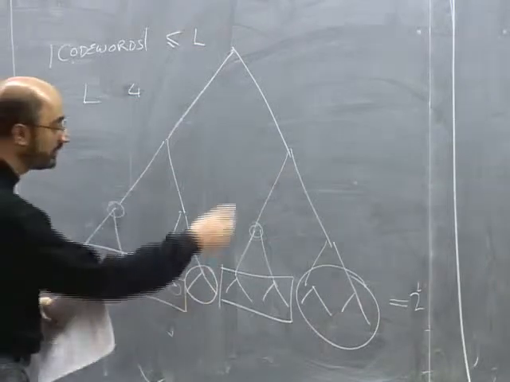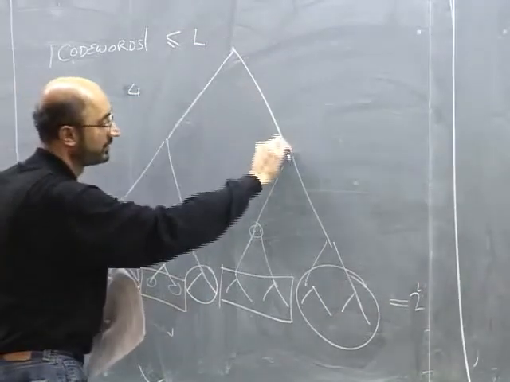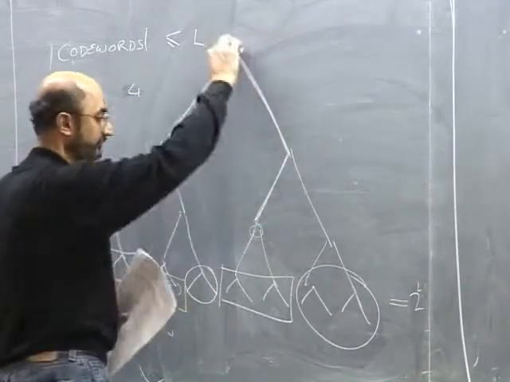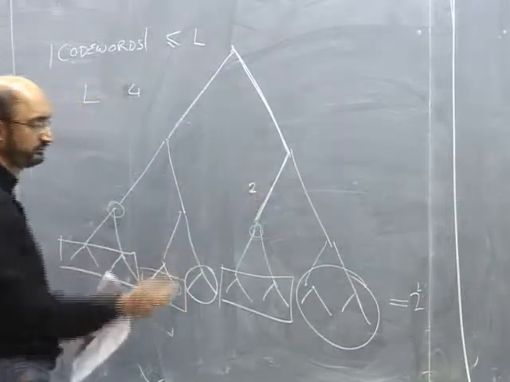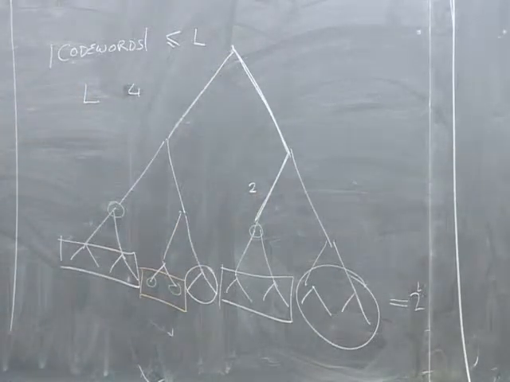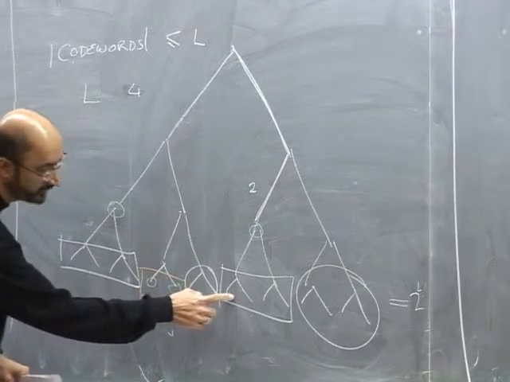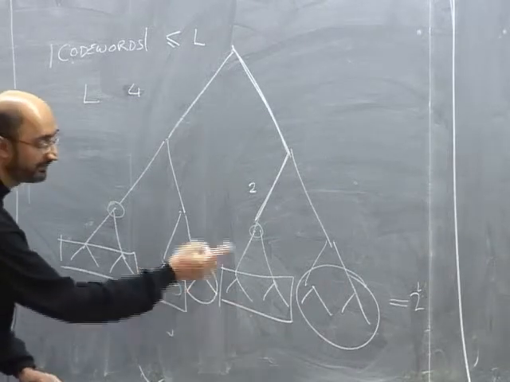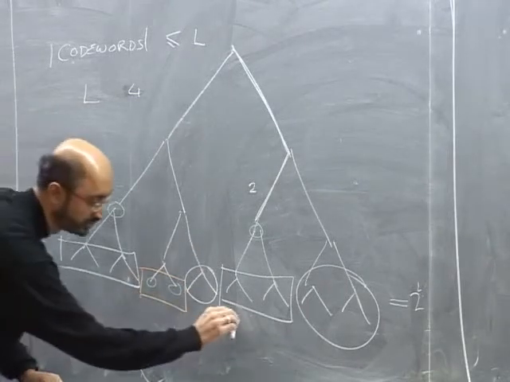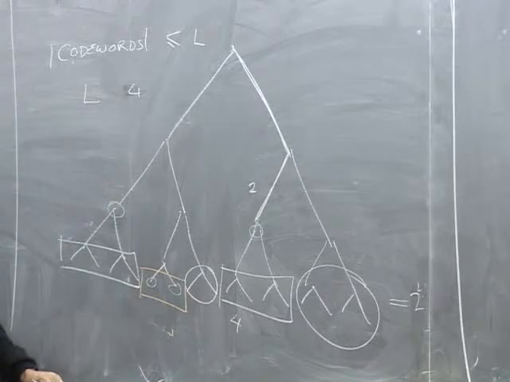This code word over here has a length of 2, and it has descendants all the way down here. The tree is of height 4. So how many descendants would it have?